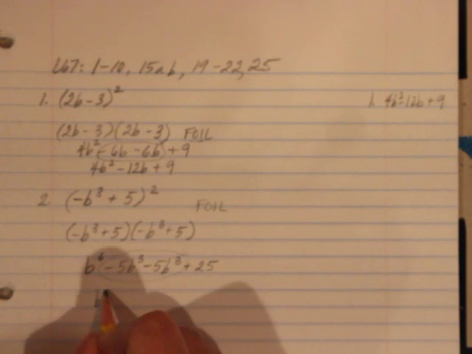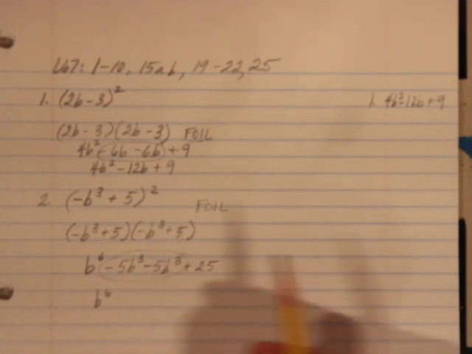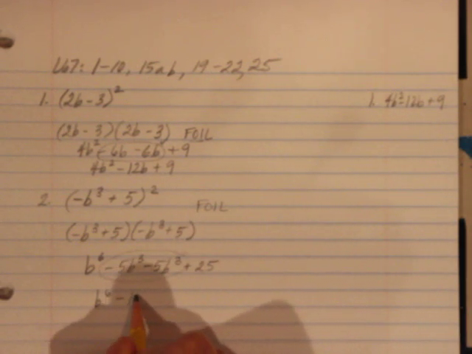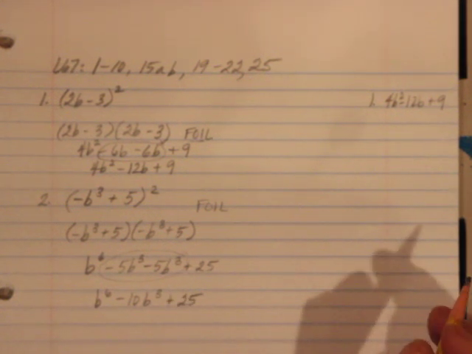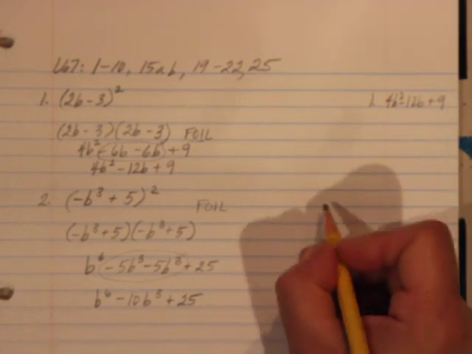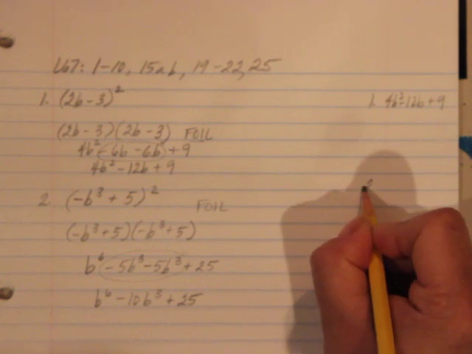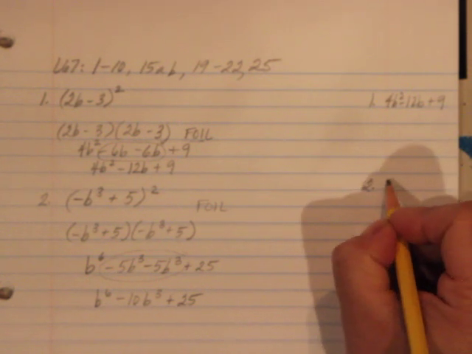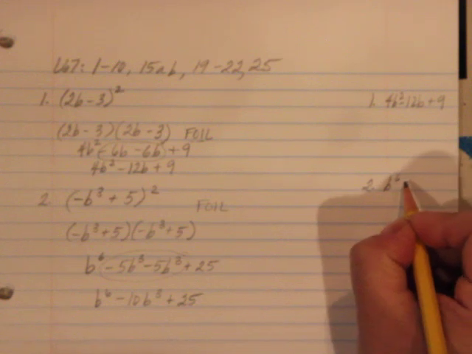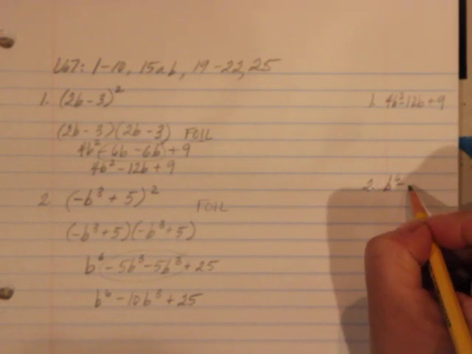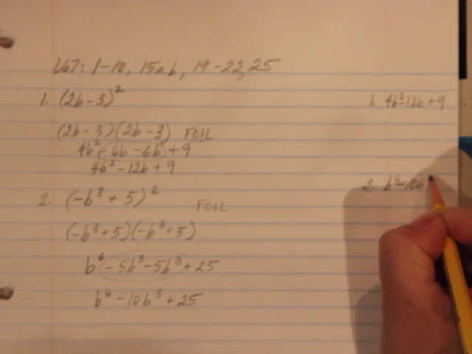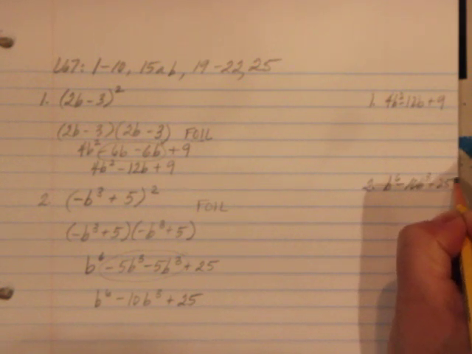So minus 5b cubed and minus 5b cubed give me a total of minus 10b cubed plus 25. I bet you guys are really getting the hang of this now. I can't wait to see how well you are handling the multiplication of polynomials. Okay, here we go. b to the 6th minus 10b cubed plus 25.